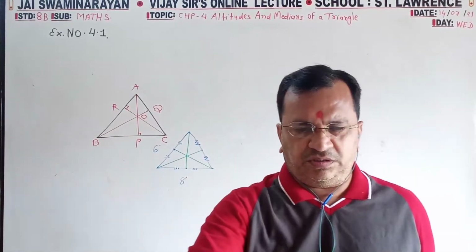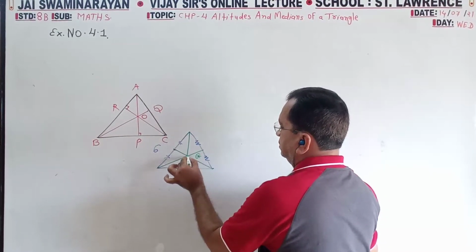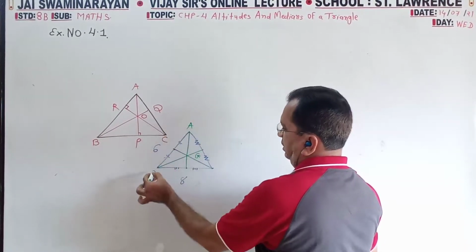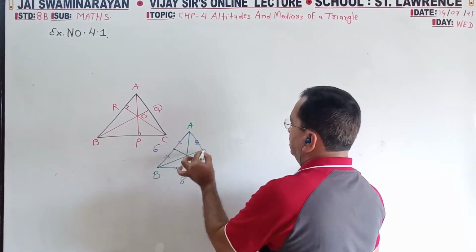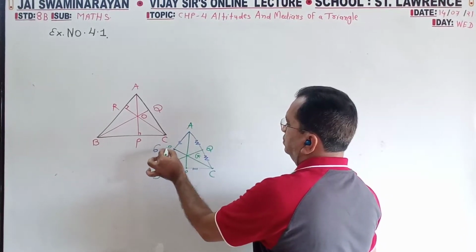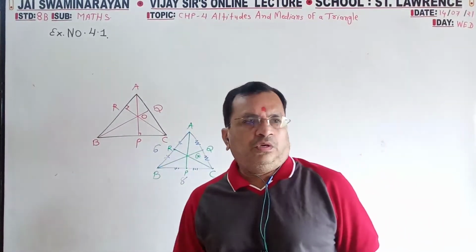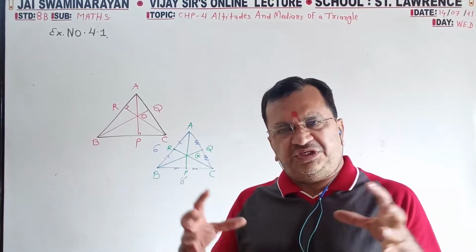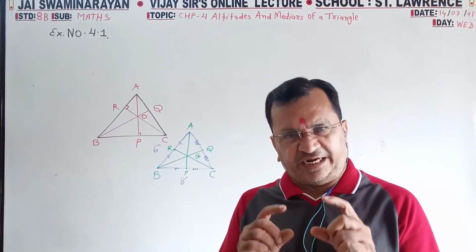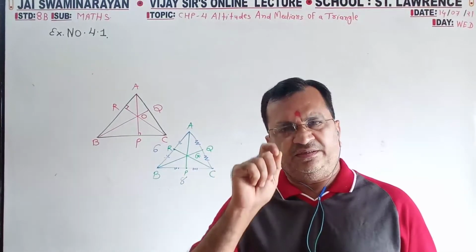So this is G. This point is G. A, B, C, P, Q. So these 3 lines are concurrent. That concurrent point is known as G, the centroid.